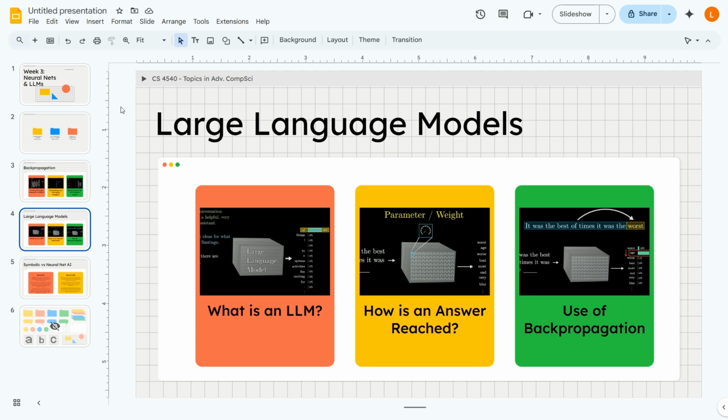Now, a large language model is a mathematical model that predicts what word comes next in any given piece of text or input. But instead of predicting one word with certainty, it predicts all possible next words and chooses the next word based on a particular degree of certainty.